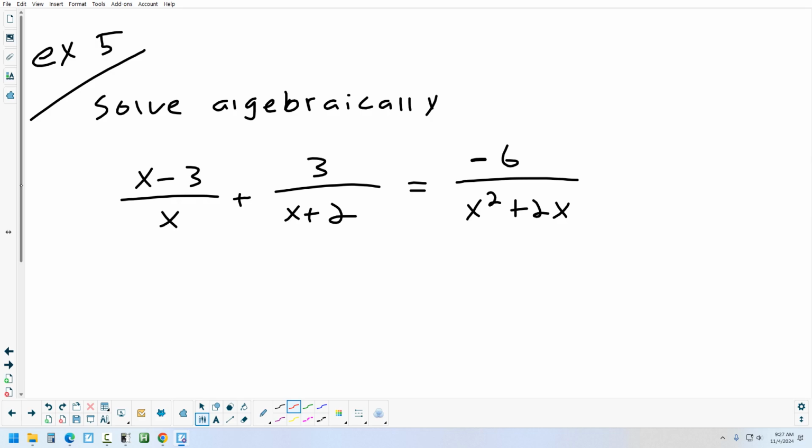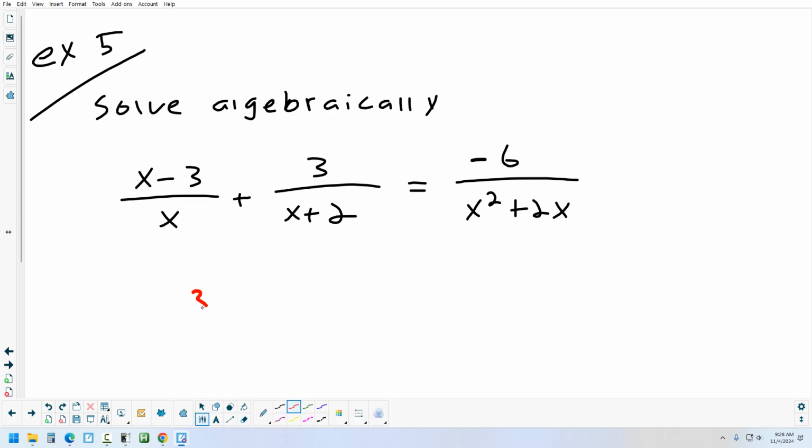Now, notice all these have 3 fractions. If you only had 2, you'd still be able to do it the same way as having 3. It's just easier with 2 than 3, because then you don't have as many denominators to deal with.